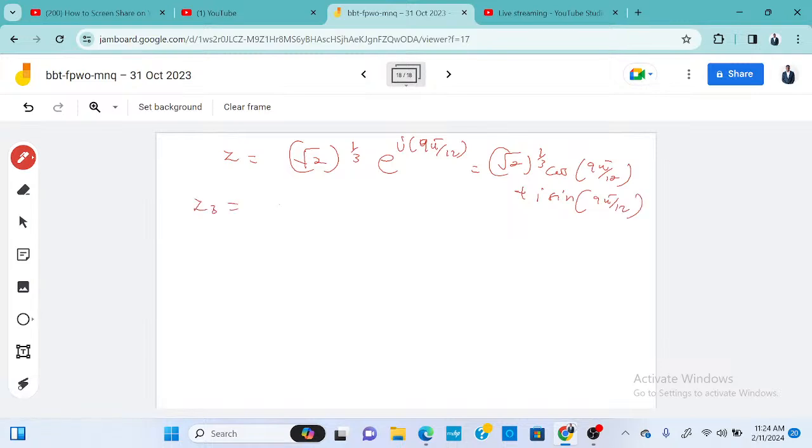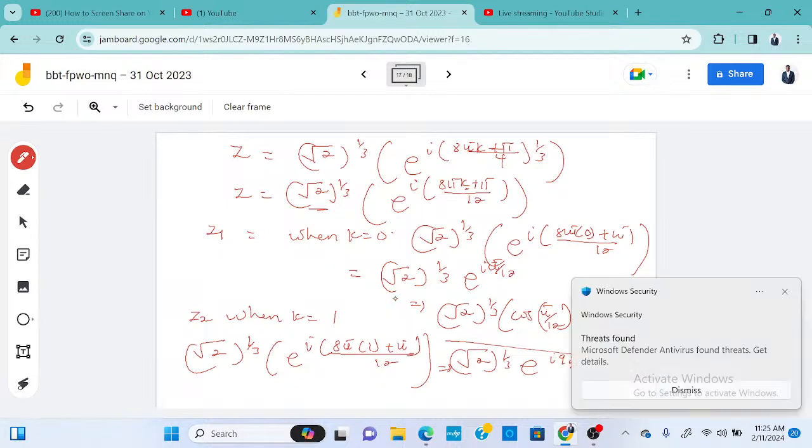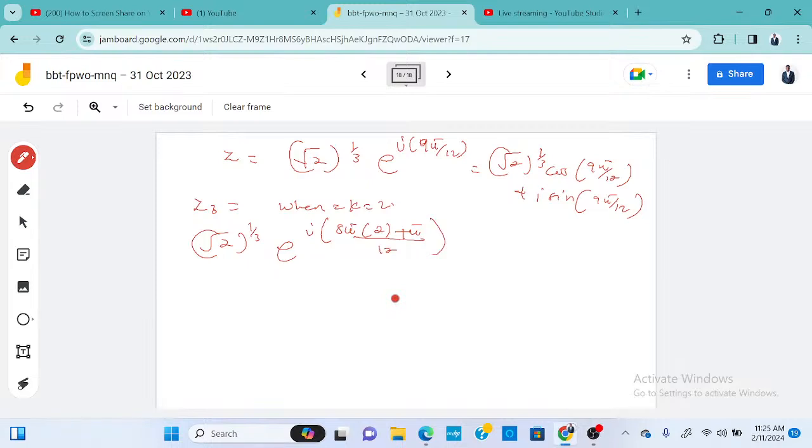Z3 is given when k is equal to 2. I simply get square root of 2 to the power 1 out of 3, e to the power i (8 pi, then the k becomes 2, right? Plus pi) all on 12.